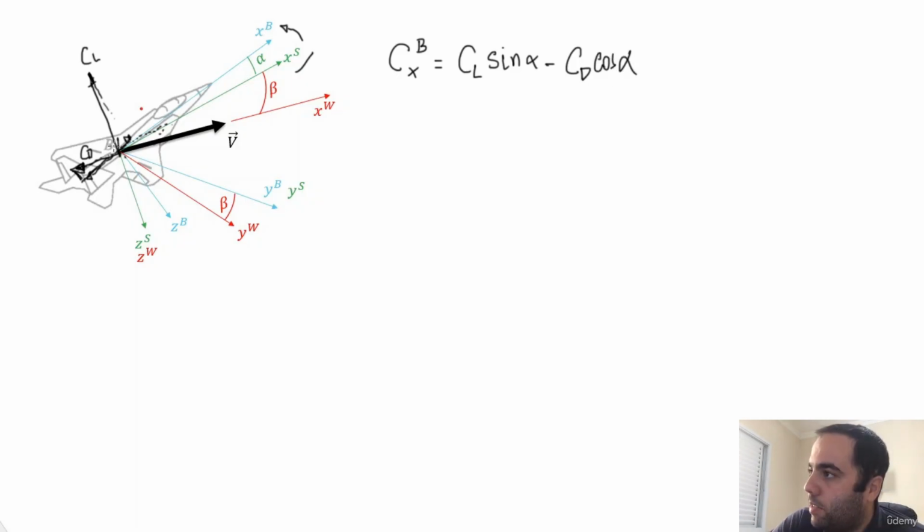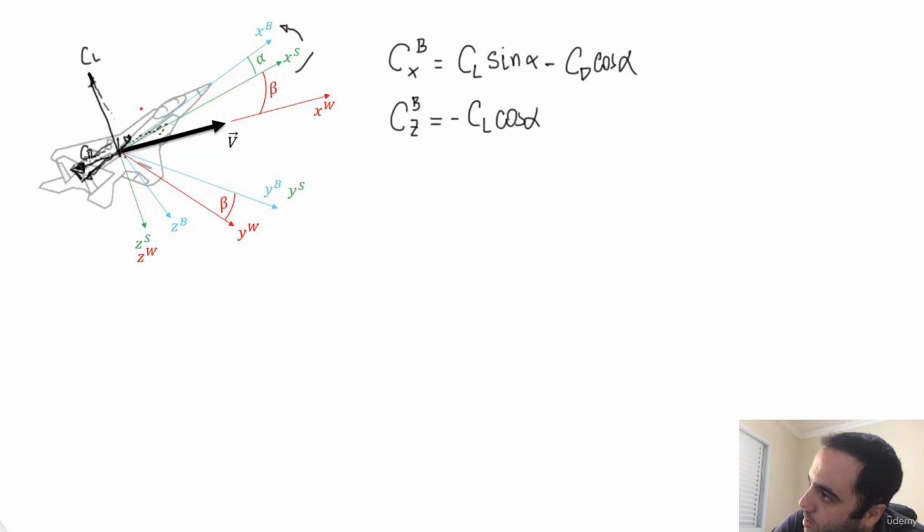Now in a similar way, if I want to have the Z component in the body axis, the CL is in the opposite way, so it's going to be a negative CL, since the Z is positive pointing down, times the cosine of alpha. And now the CD, which is pointed here, is also going to be negative, right?